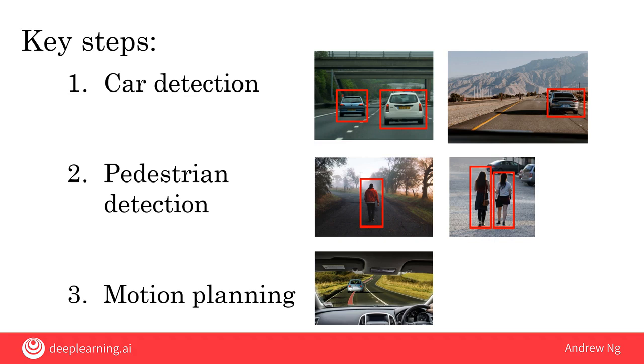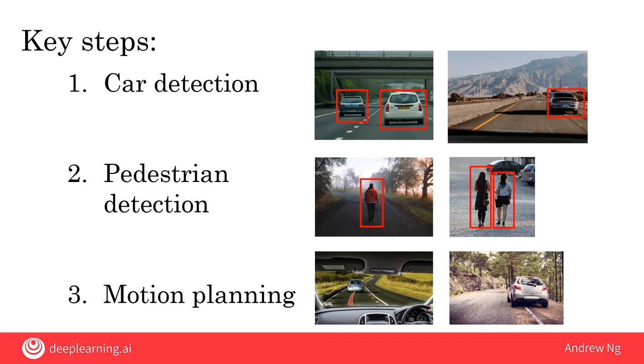And the speed should be set so that you don't run into the other car, but you also drive at a reasonable speed on this road. Here's another example. If there's this gray car parked on the right side of the road, so you want to overtake this stopped car, then the motion planning software's job is to plot a path like that to let you veer a little bit to the left and safely overtake a stopped car.